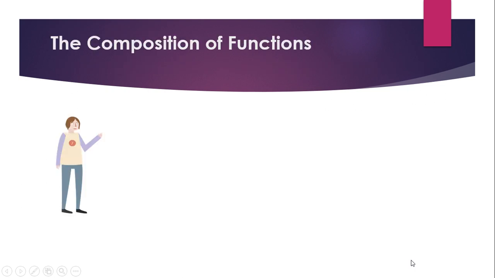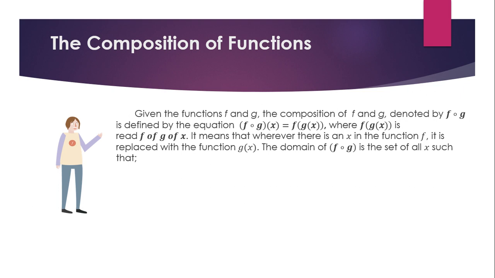So let's proceed to the composition of functions. Given the functions f and g, the composition of f and g, denoted by f circle g, is defined by the equation quantity f circle g of x is equal to f of the quantity g of x, which is read as f of g of x.